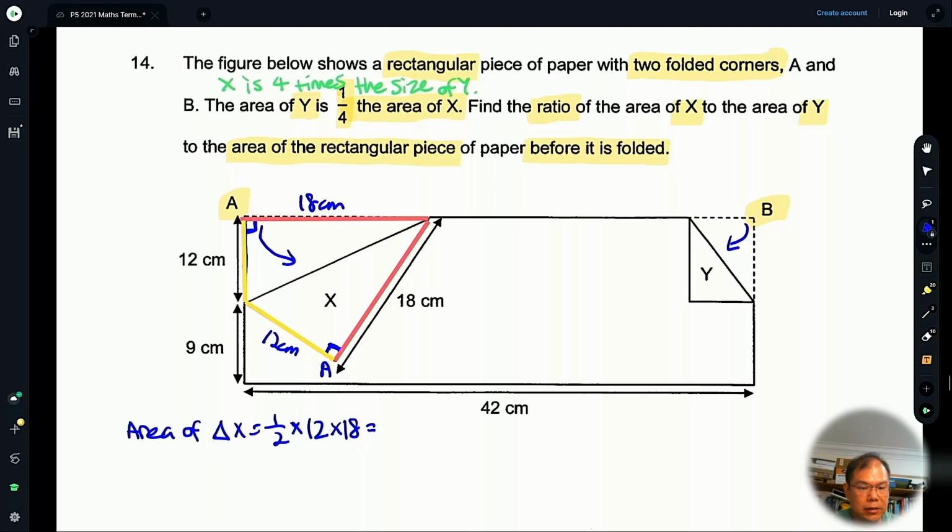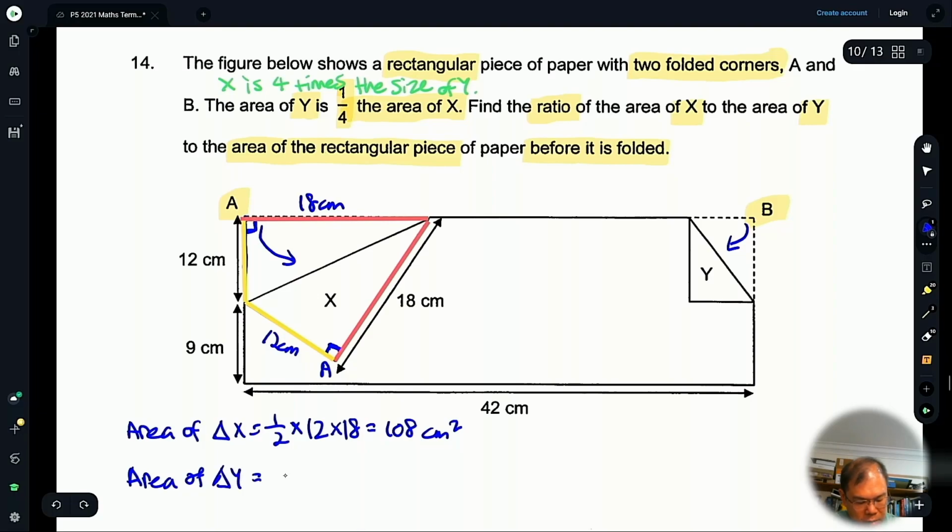So half times 12 times 18, I will get 108 square centimeter. That is the area of triangle X. And it says that the area of Y is 1/4 the size of X. So area of triangle Y is 1/4 the size of triangle X.